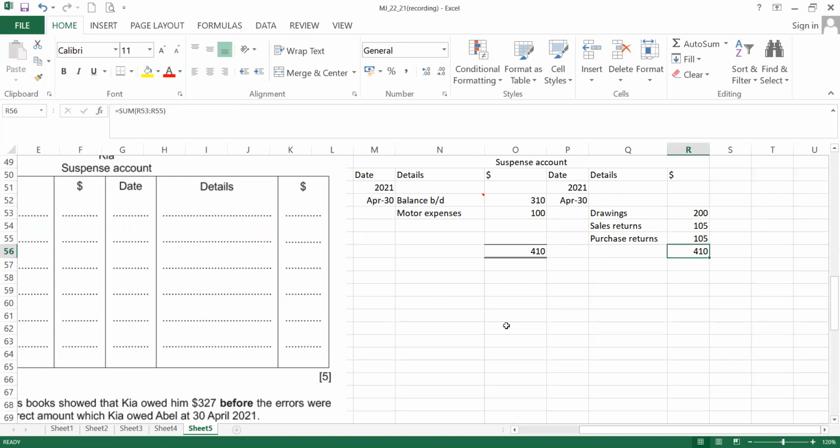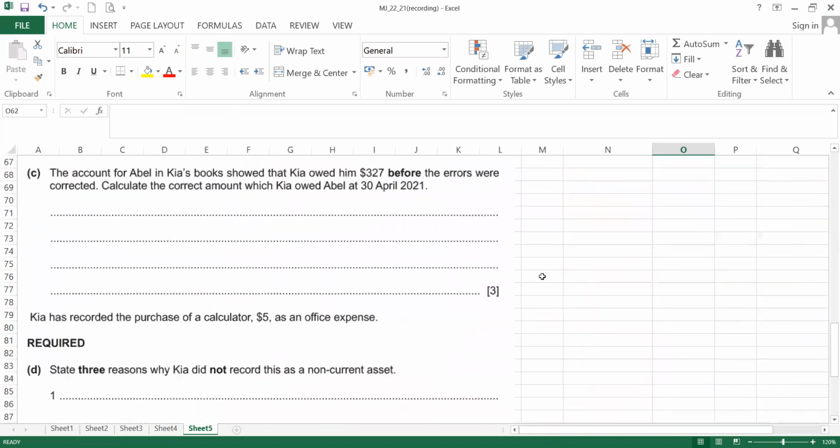Okay, let's continue. For part C, the account in RB's books shows that Kia owed him 327 before the error was corrected. Calculate the correct amount which Kia owed RB before the correction.